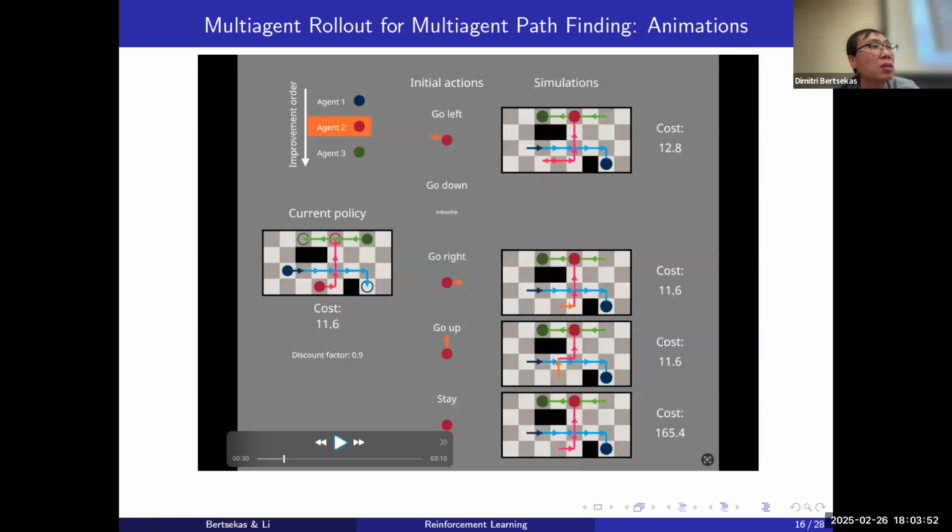In some cases, it doesn't matter which one you choose, but in some cases, it can make a difference, as we will see later on in one of the applications. Nonetheless, it's a good idea that you stick to some rules regarding which one you select as minimum. Typically, it's a good idea that if your previous control has the base policy attain the minimum, then just stick to the base policy. So in this case, agent 2 realized that running the base policy is good enough, so stick to that one.